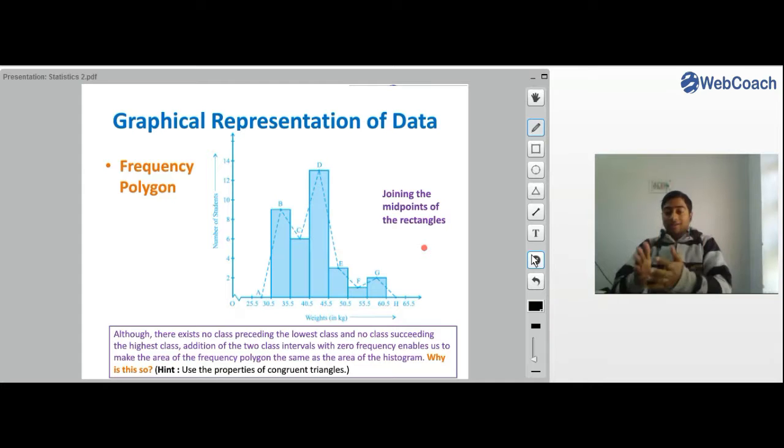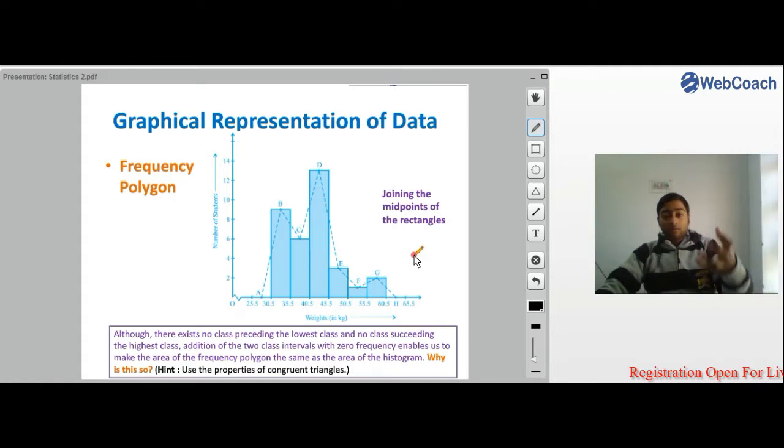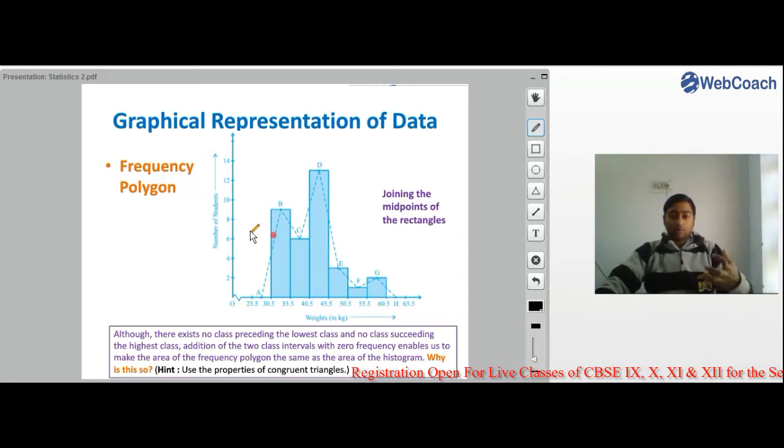So if you consider individual triangles at every stage, you will find out that actually the area of the histogram is equal to the area of the frequency polygon, and the extra portions are added to make the area of the frequency polygon exactly equal to that of the histogram. You can see here we have added the initial point with zero frequency.